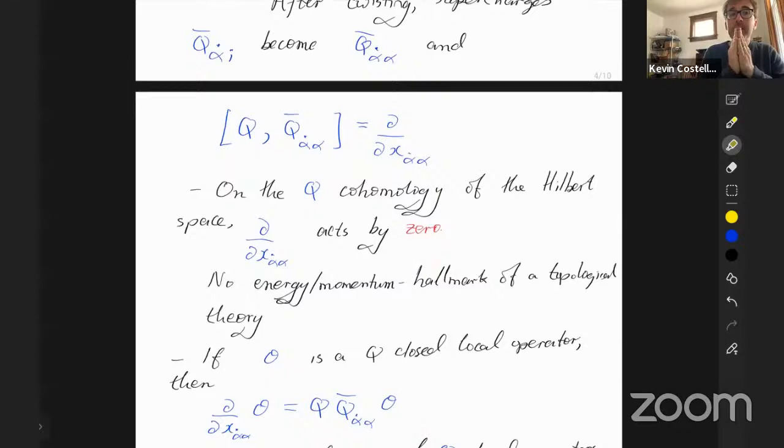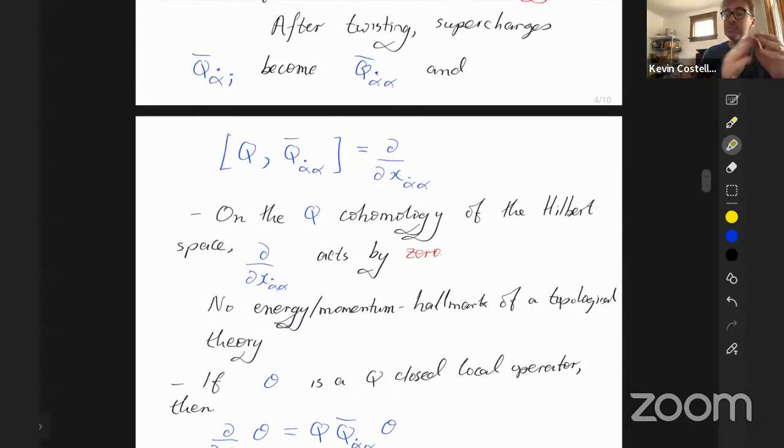Okay, so unless there are further questions, let me move to explaining what it means to be topological. So the hallmark of a topological theory is that the energy momentum tensor vanishes.